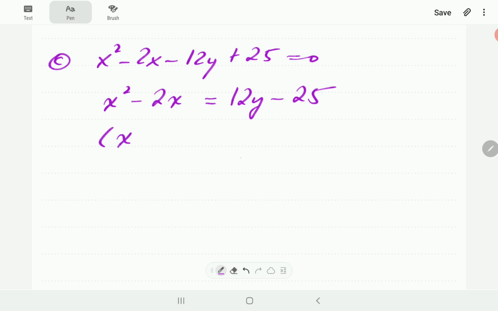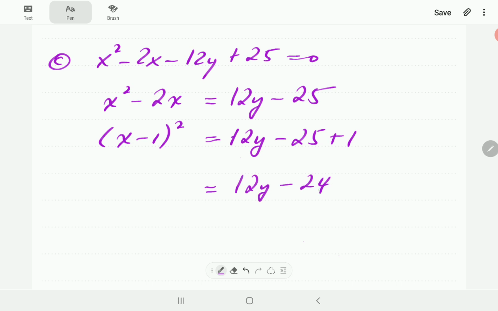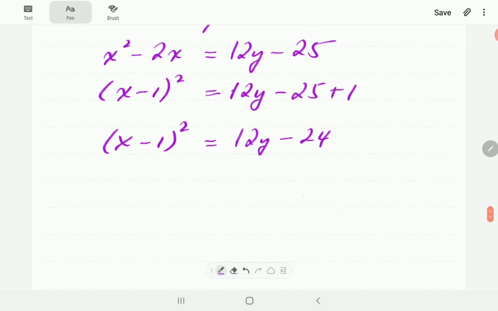So if we do that, this is going to be x minus 1 squared. Then that means the right hand side we're going to have to add 1. So that means the right hand side is now 12y minus 24. Then what remains is for us to write this right hand side as 4p something.